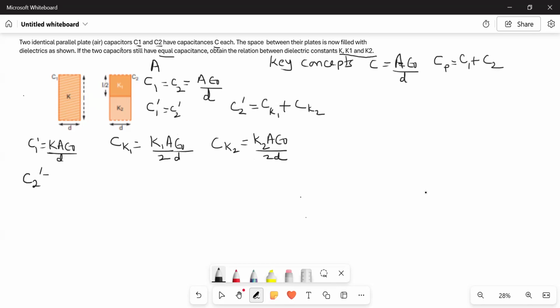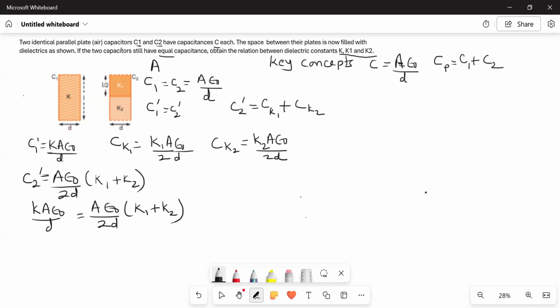And C2 dash will be the sum of the two; we take common A epsilon naught by 2D, times K1 plus K2. And when we equate the two, we get K A epsilon naught by D is equal to A epsilon naught by 2D times K1 plus K2.